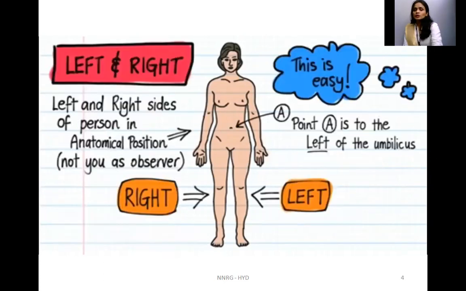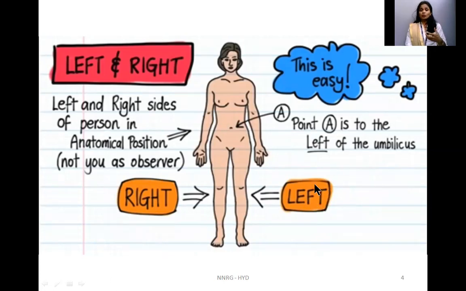Okay, so the first one we will study is left and right. You may feel this is very easy, what is left and right? But in the anatomical position it is going to be different, because what you see from your side as left is going to be right. In the anatomical position, your right is left and your left is right. So this is right and this is left here.